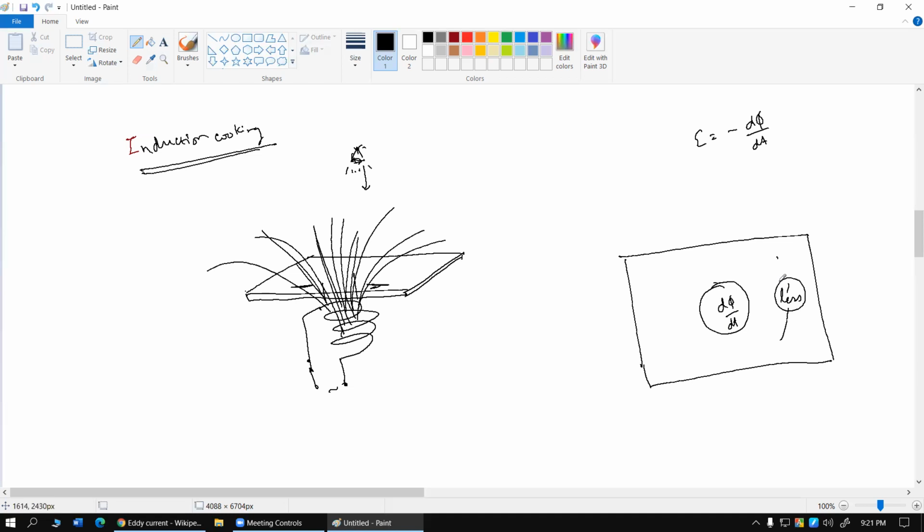Try to understand this part first. There is a region of the metal disc which is affected by the alternating magnetic field. The center of this metal disc is being affected by a stronger change of magnetic field because this is directly in the face of the coil, whereas the neighboring regions are not experiencing as much change of magnetic field strength within the same part.